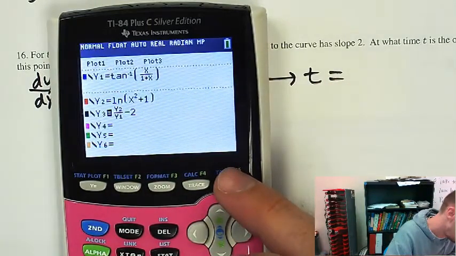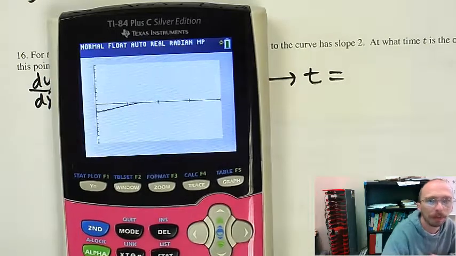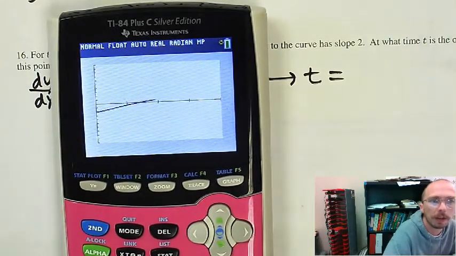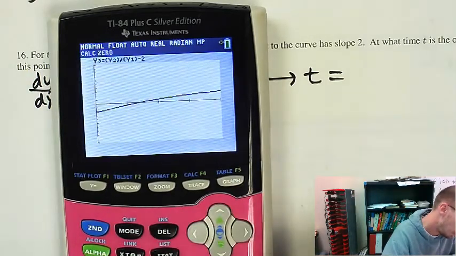So, we said t greater than 0. I bet it'll happen sometime between 0 and 4. It just happened to be what my calculator window was last set at. And we're waiting patiently. Calculating a zero between 1 and 2.